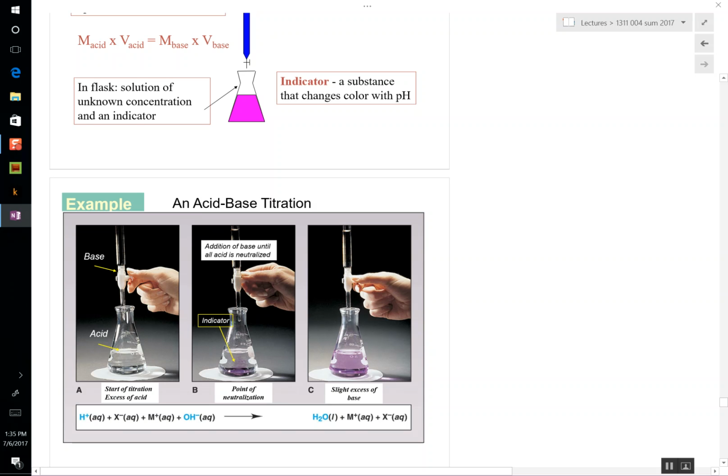What is the molarity of this sulfuric acid? You're going to need a factor of 2 in there. You can't just go directly the way we're going there, because the sulfuric acid has 2 protons, and the sodium hydroxide has only 1.